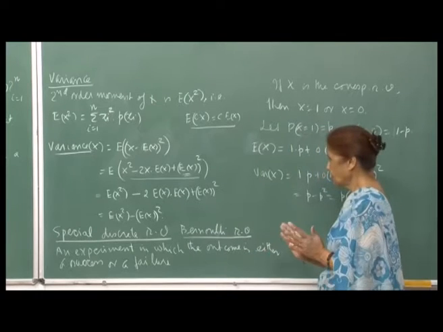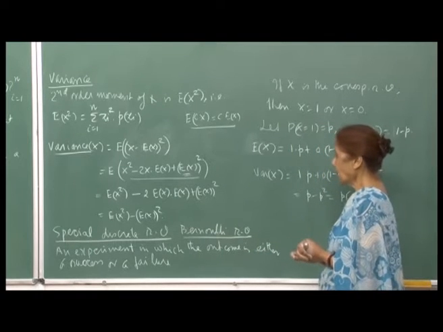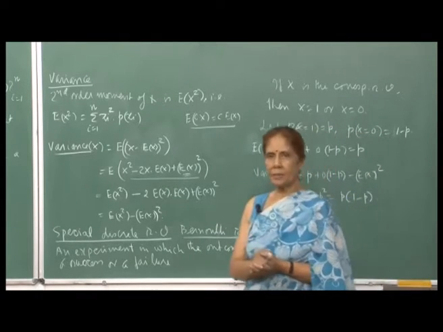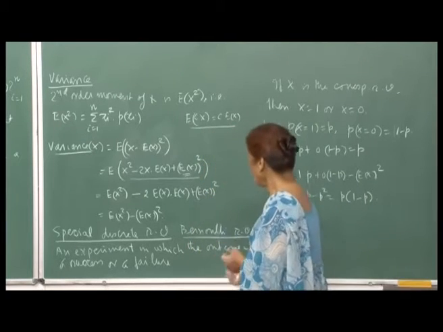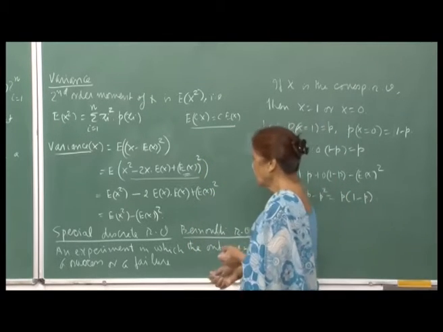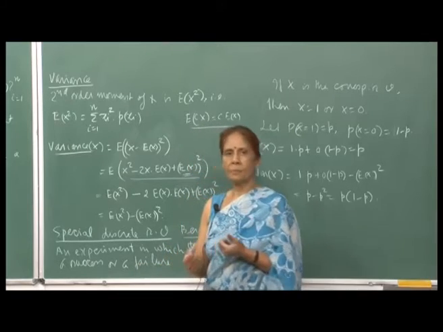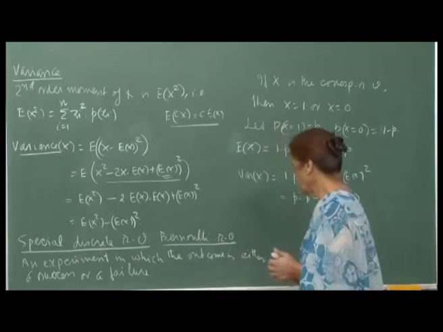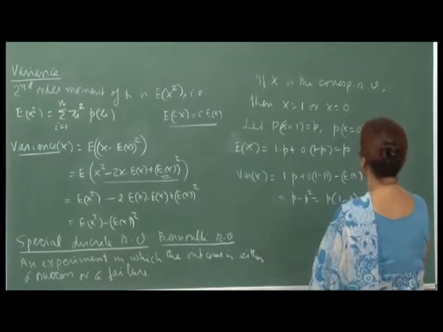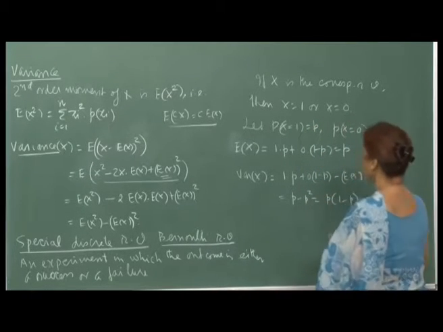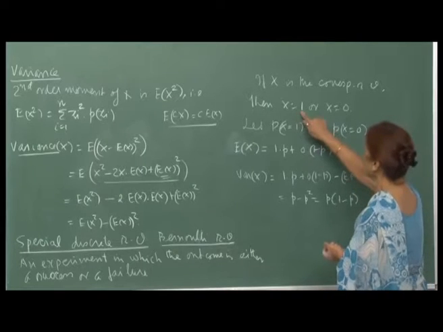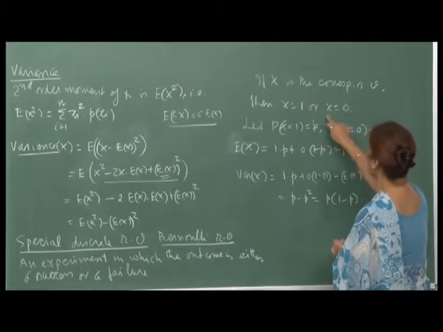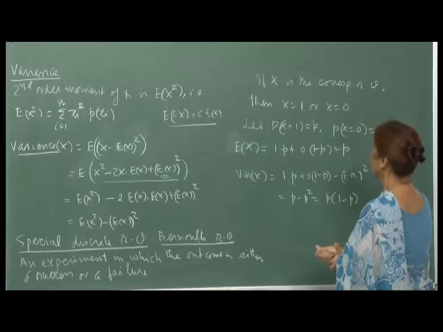You perform an experiment, and the outcome would either be a success or a failure. So, for example, if you toss a coin, you can say that coming up of a head is a success, and coming up of a tail is a failure. And so, the values that x will take, we associate x equal to 1 with the success and x equal to 0 with a failure.